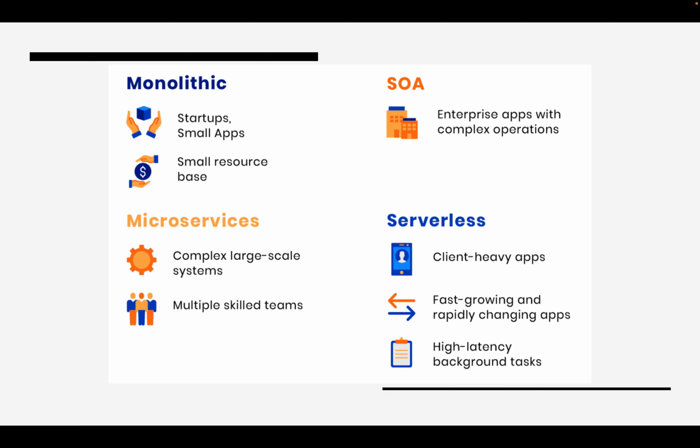And also, if you have a good understanding of Docker and Kubernetes, otherwise it's not a good idea to start with microservices. And as I already mentioned, you can start with a monolith and then refactor it into microservices.